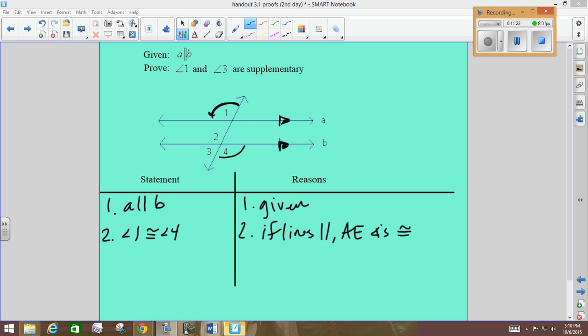Okay? Now I need to prove something about 3. Since I'm using angle 4, try and connect 4 to 3. Can you connect 4 and 3 together? Why? Or what's your reason? Good, angle addition postulate. Sweet, where should we go from there?